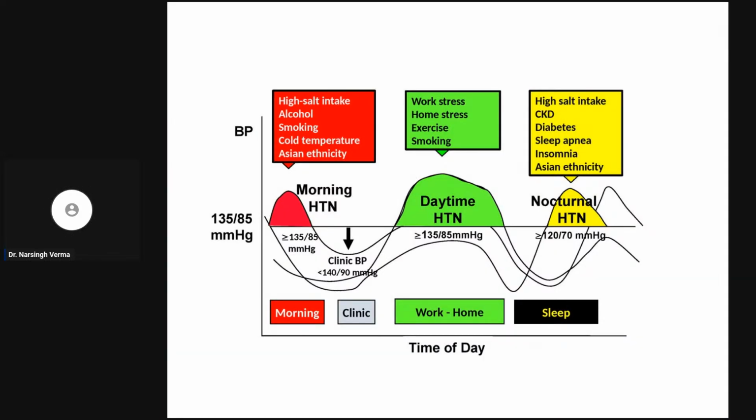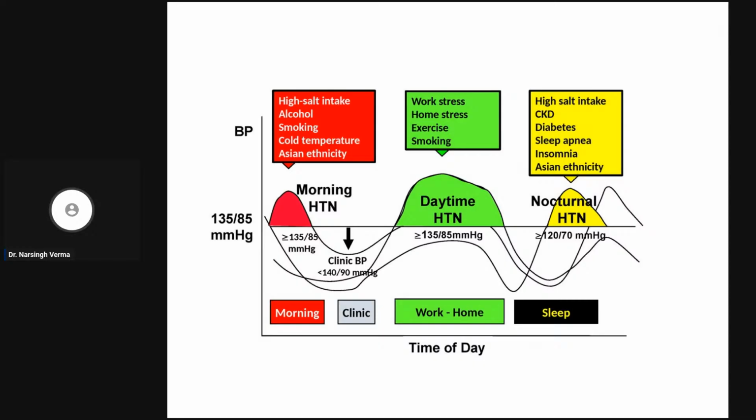By this method, if the blood pressure is more than 135/85 millimeter mercury, we take this reading as abnormal in ABPM, and by that we can diagnose morning hypertension, or daytime hypertension, or nocturnal hypertension.